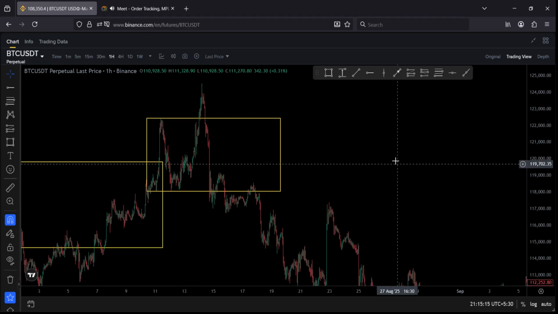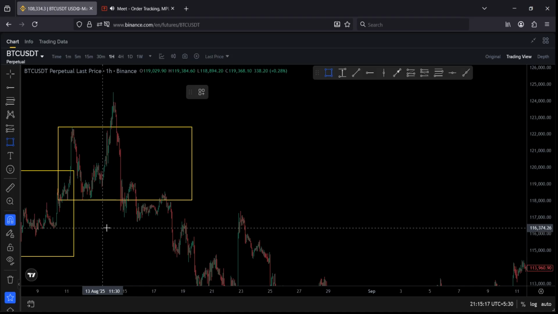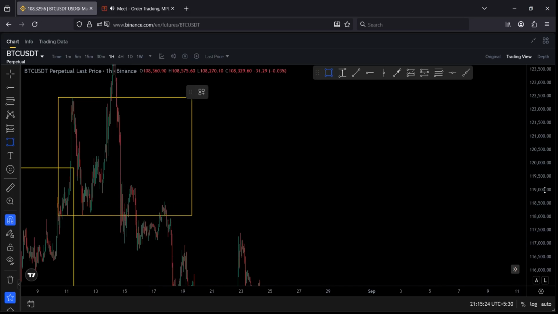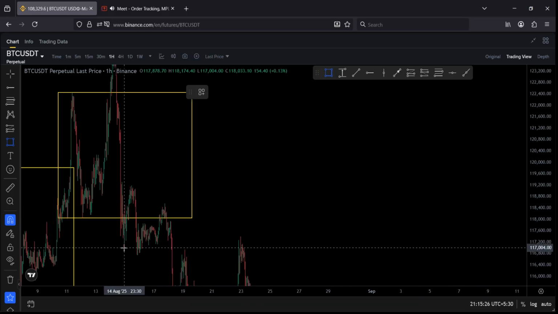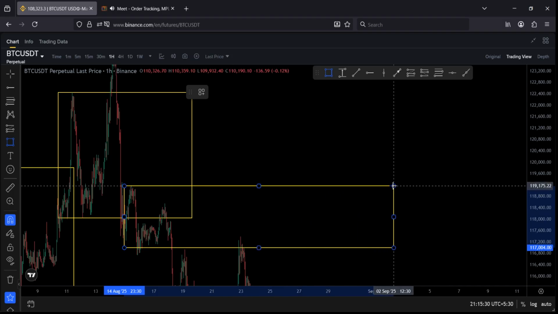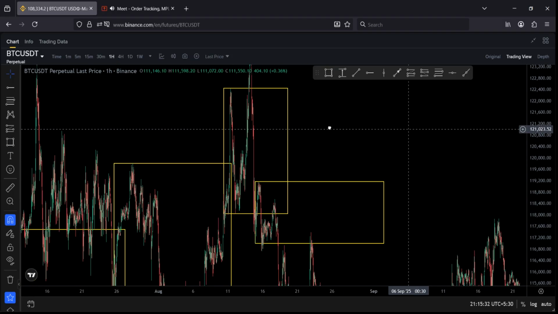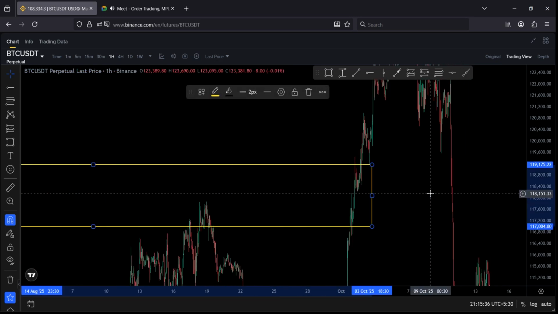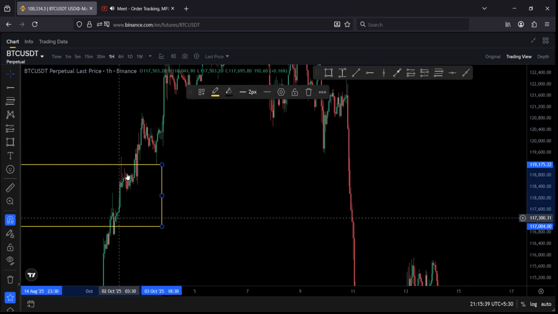So now our orders are here. Another swap is here. Right? Okay. Now we'll extend it. Now the price crossed this again to the upside here.